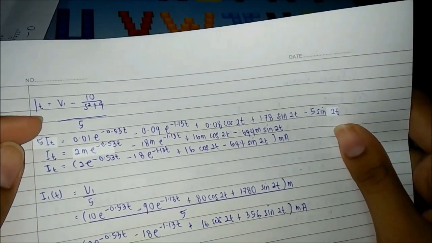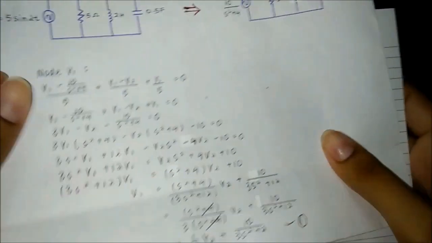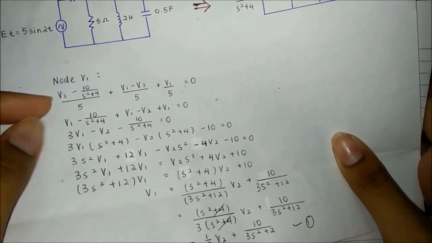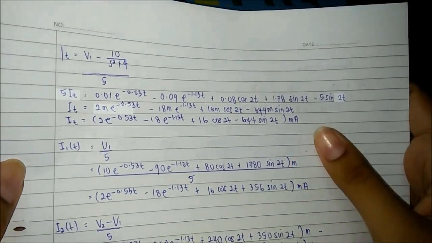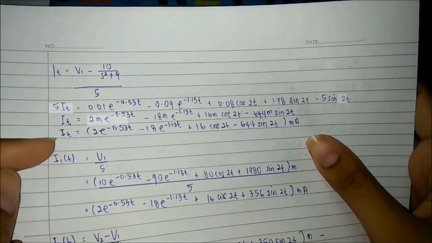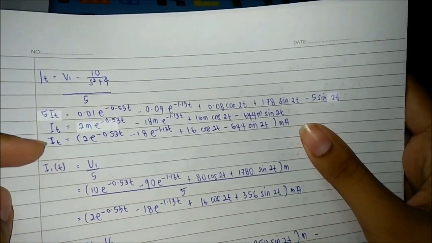We get this equation from node 1, which is this, V1 minus 10 over S squared plus 4 over 5. So just doing the usual calculation, we get IT equal to this in milliampere.